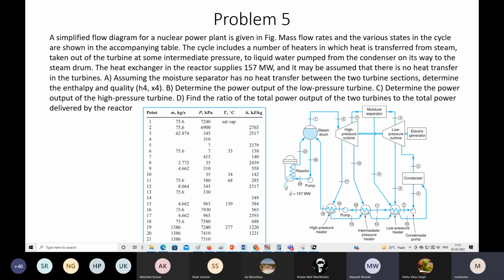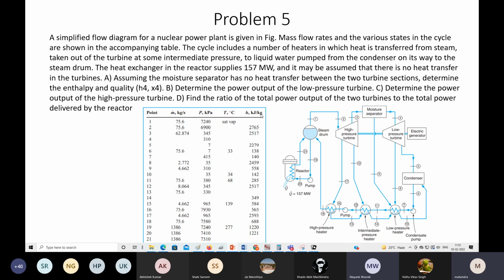So here we just need to focus on this only. You need to find out: A, the moisture after the separator here; B, the power output from the low pressure turbine; and C, the power output from the high pressure turbine. The total power output from the total system is the summation of these two only, nothing more.